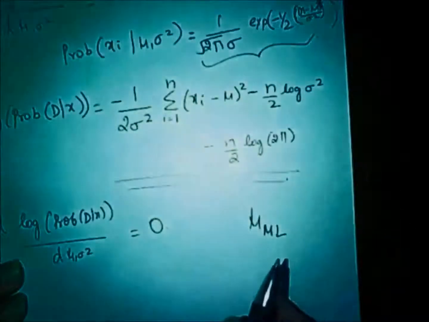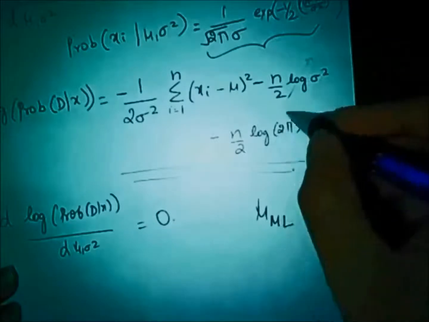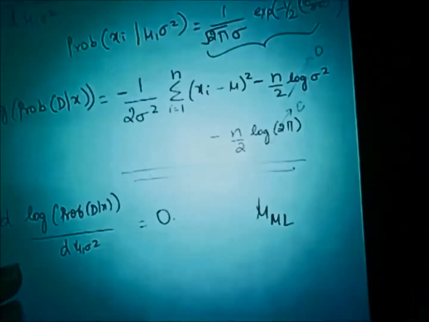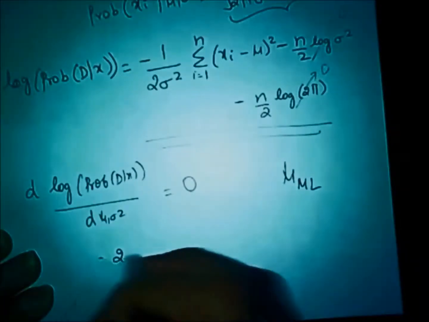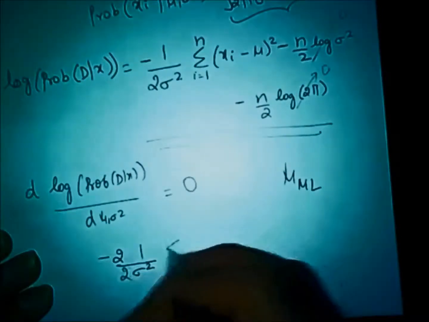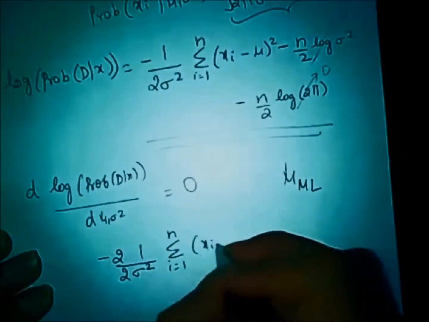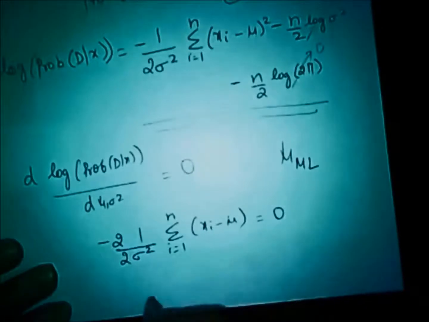So when I differentiate this expression with respect to mu, I know that these two are going to go to 0 because they are not dependent on mu. So I'm going to get 2 times the sum over i equals 1 to n of xi minus mu equals 0.